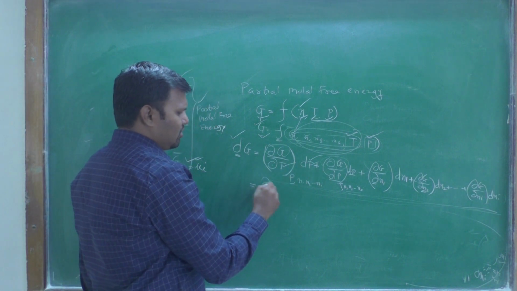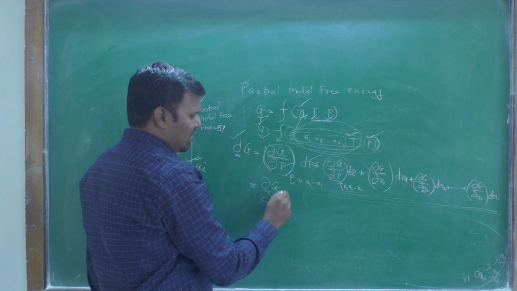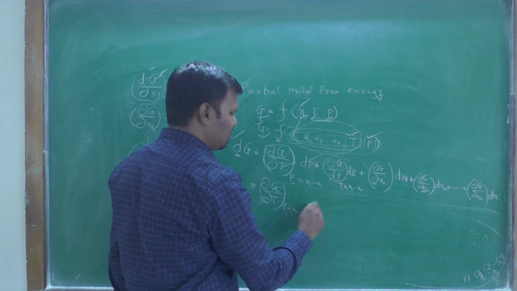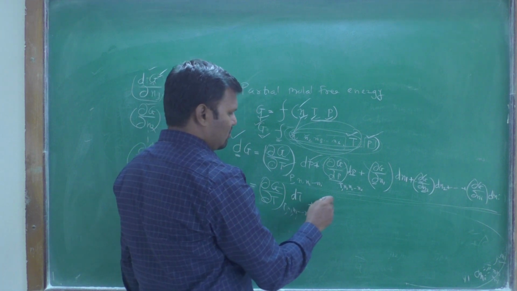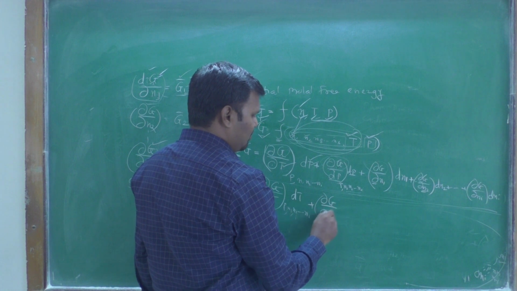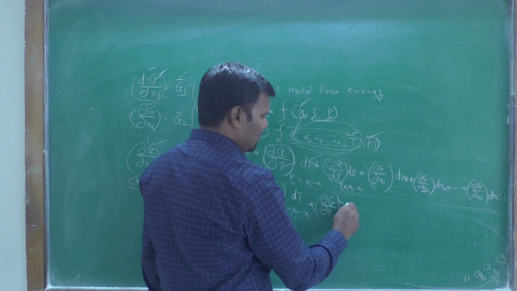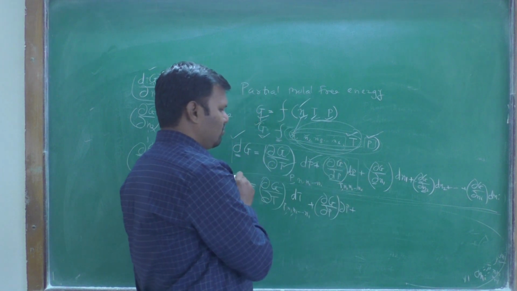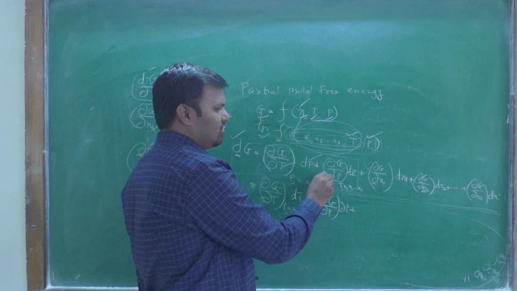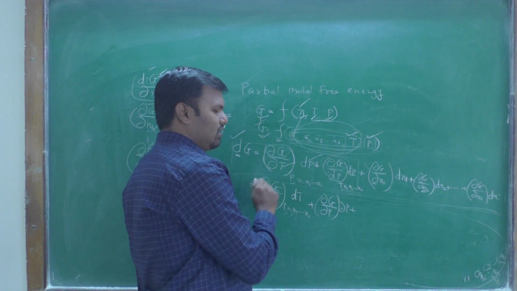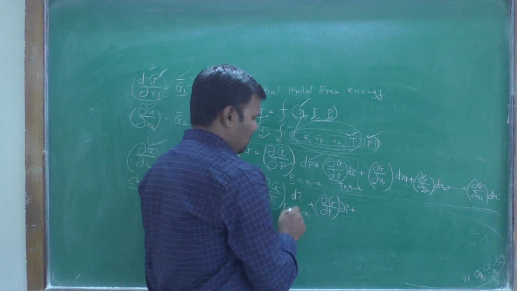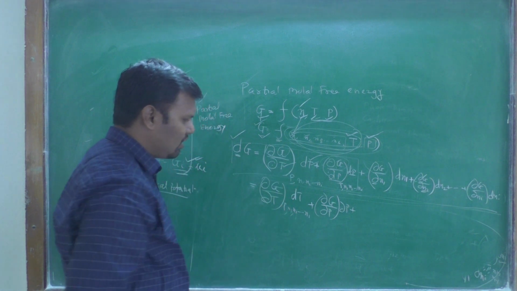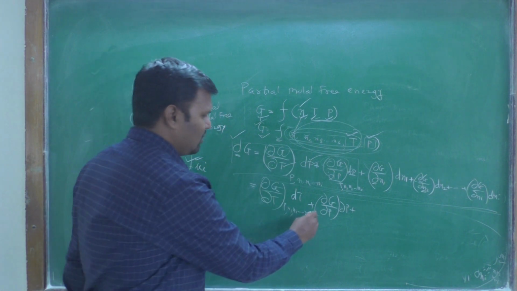Therefore the next equation will be del G upon del T dT at constant pressure and constant n1, n2 up to ni, plus, with T constant, del G upon del P dP, plus. Up to this you have studied in SYBSc. This term is minus S dT and this is V dP. You learned this in SYBSc. Here we do not replace this with minus S dT or V dP; we keep it as del G upon del T at constant pressure and n1, n2 up to nth.